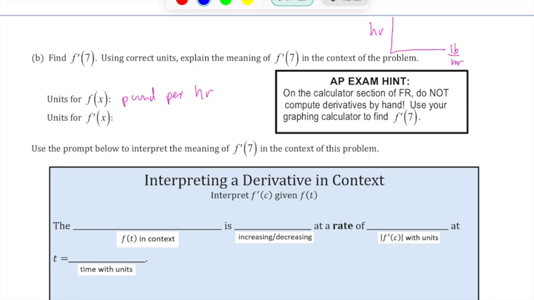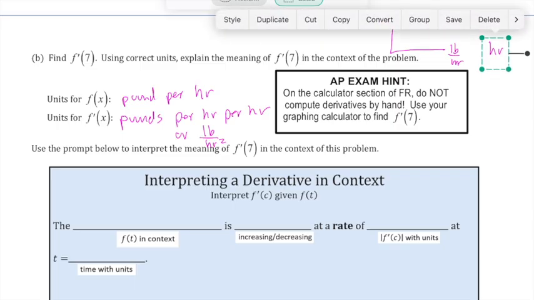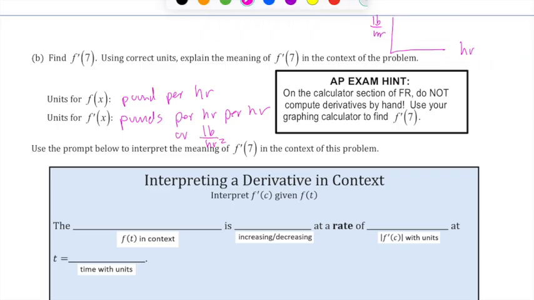So when you do the slope, it's going to be pounds per hour over hours, or you can say pounds per hour squared.